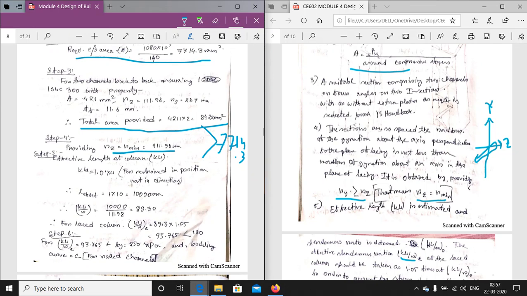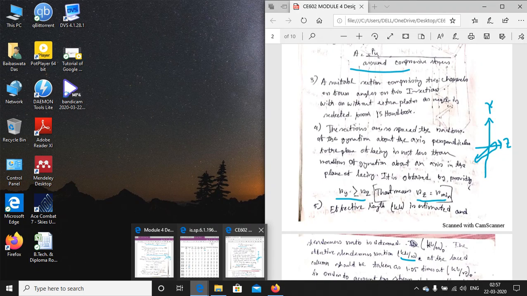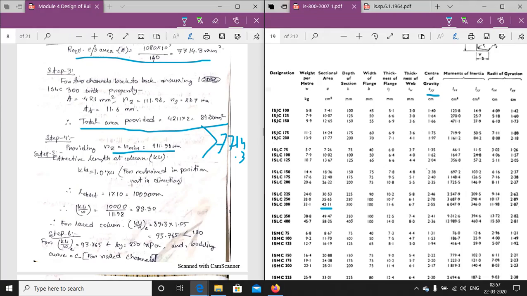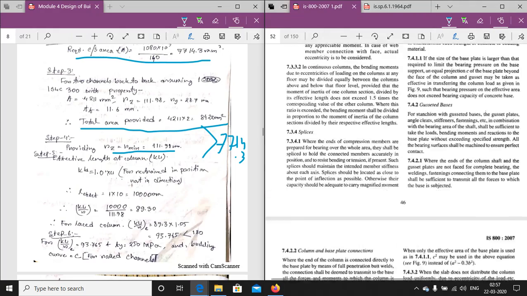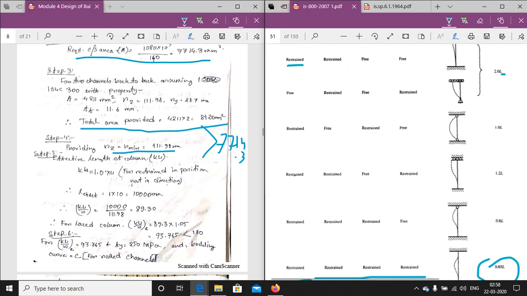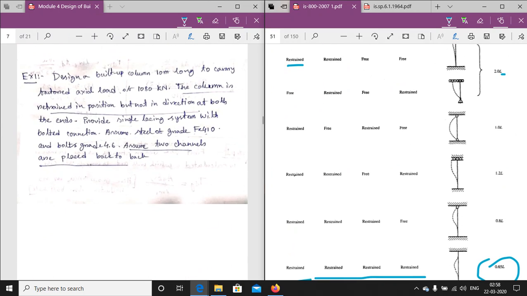So coming to the code again. The column is restrained in position but not in direction.